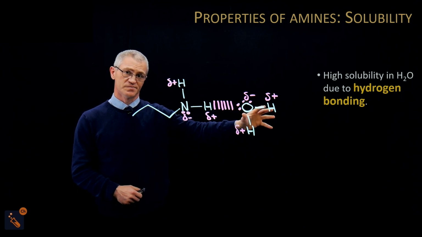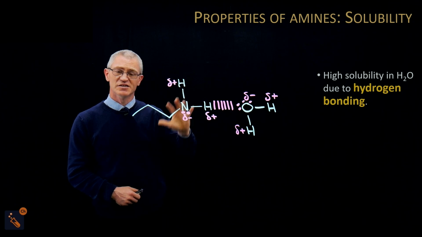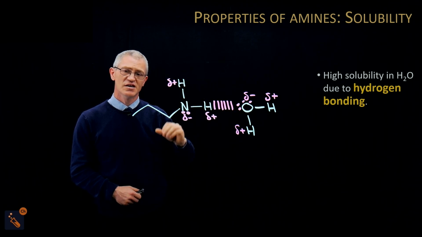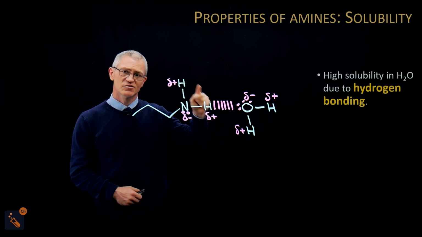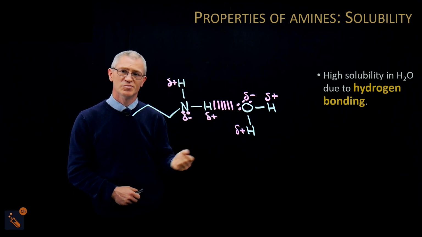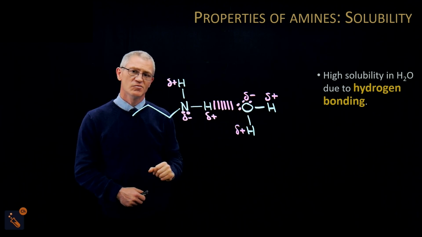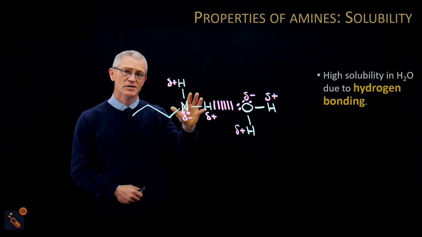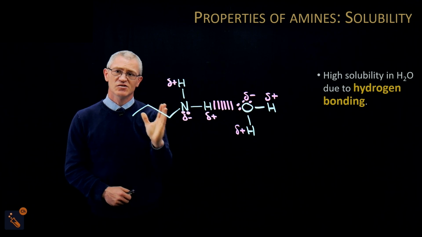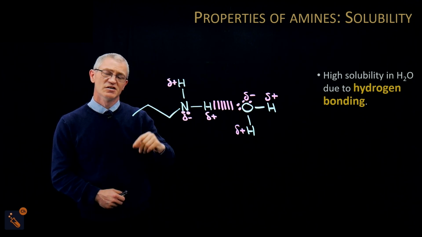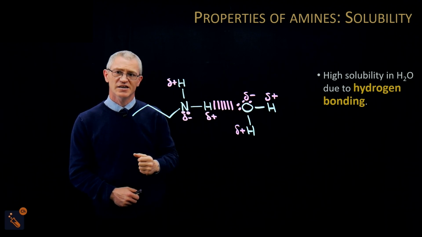Now this shows that these amines have a higher solubility in water compared to other things with a similar molecular mass. So basically this will be more soluble, for example, than an alkane would be because it can hydrogen bond. Now once the molecular mass changes though, if you get a longer chain coming off your amine, then those hydrogen bonds will be disrupted, and therefore you will not get that increased solubility.